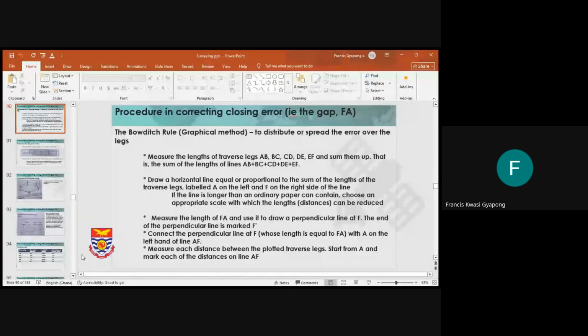So if you start from B to A, what I have plotted is giving me 3.2. What did you get?